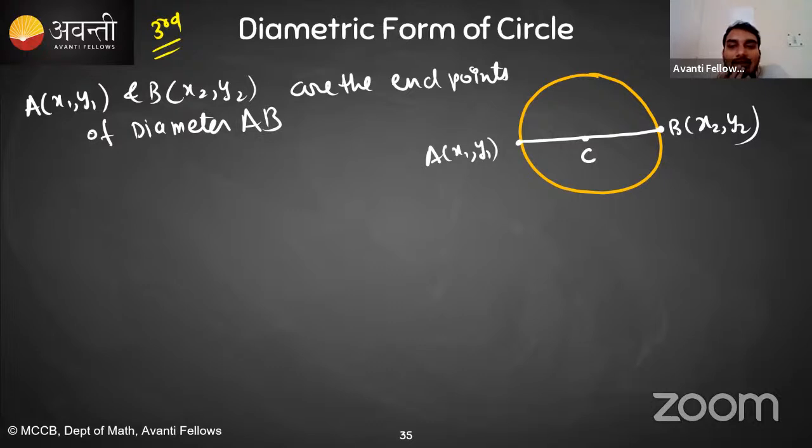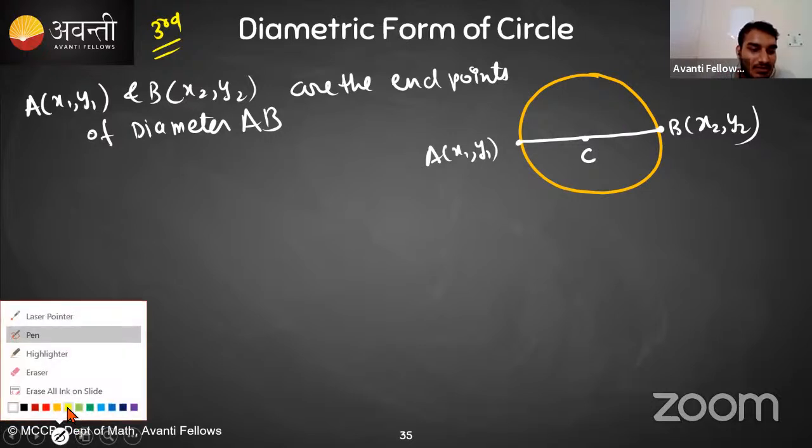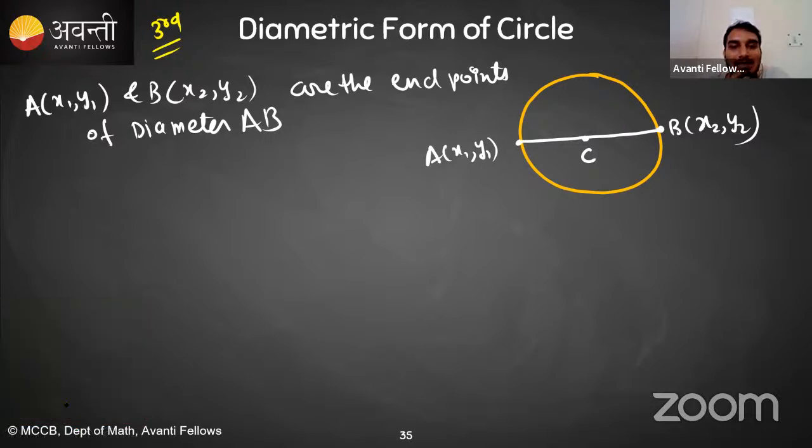Can anybody tell me? See, it's quite easy. There are actually two methods, but one is very lengthy and one is very intuitive. The first one is that everybody knows this: if these two points are the opposite ends of the diameter, then this is the radius.